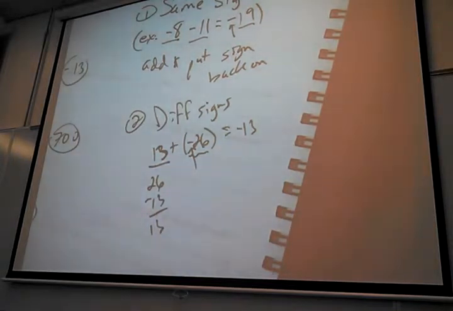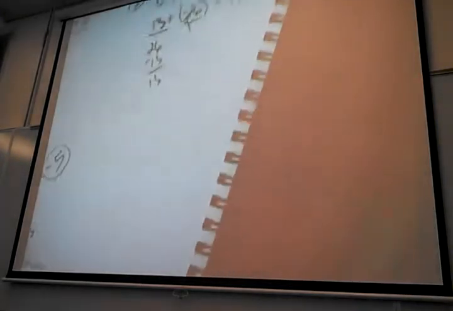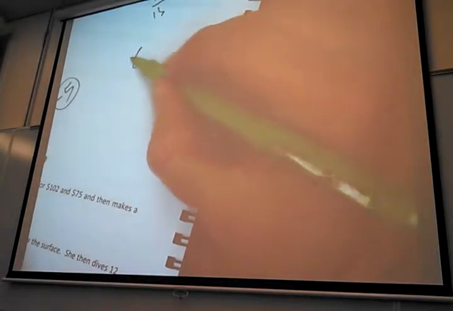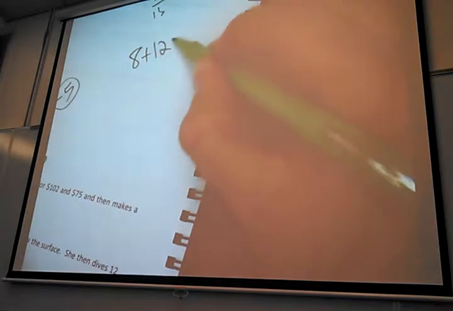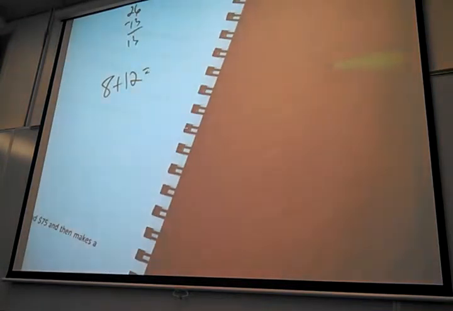Yes, sir. What happens with a plus and a plus sign? See, that's the place you want to be. So if I had 8 plus 12, 20. Why does the rule still work? 8 is positive, 12 is positive. When they're the same sign, you add them.